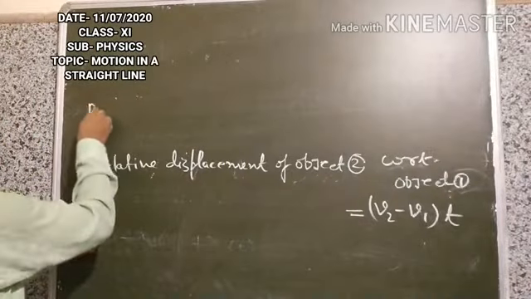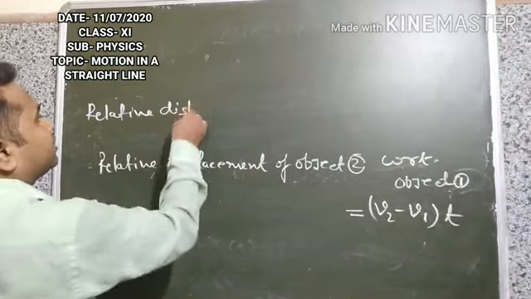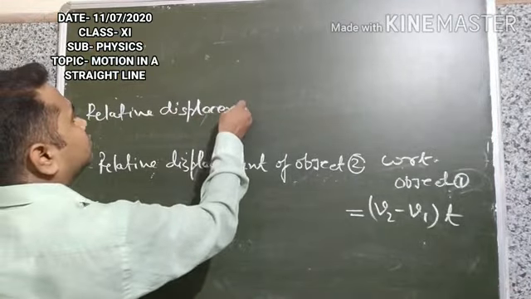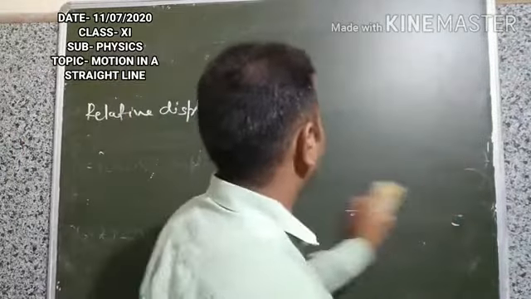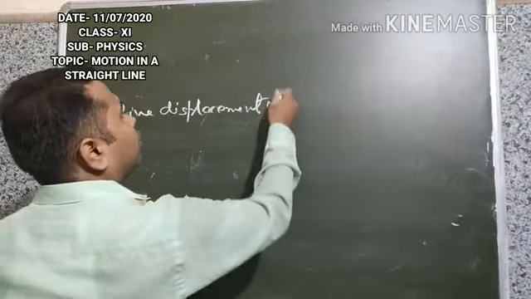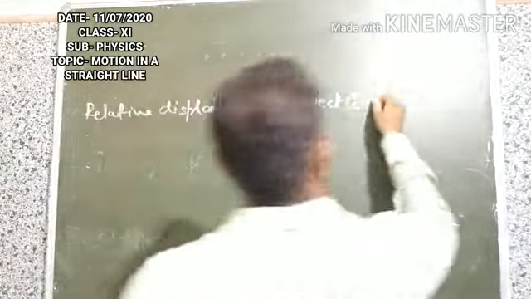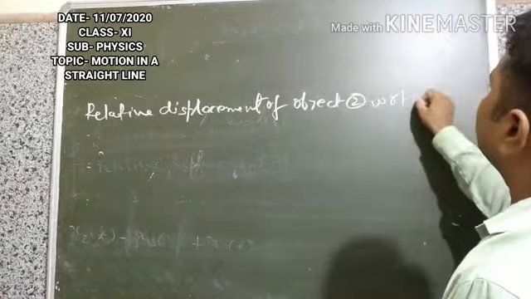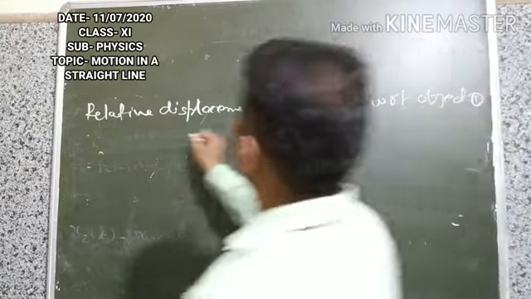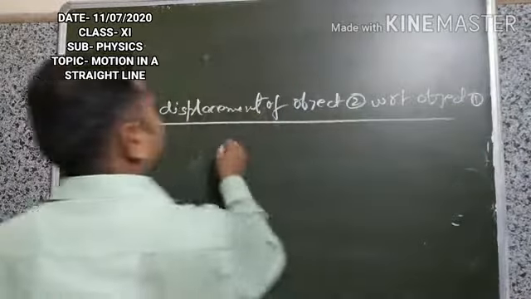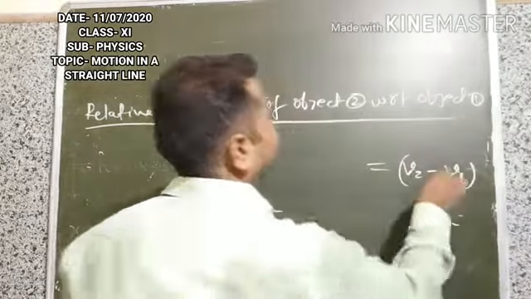Now see here, relative displacement of object 2 with respect to object 1 divided by t is equal to v2 minus v1.